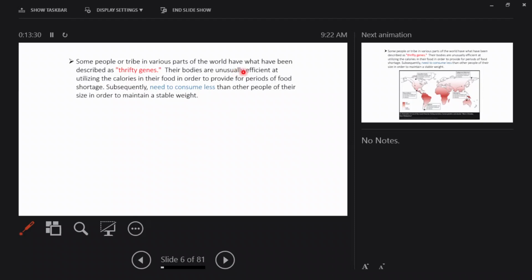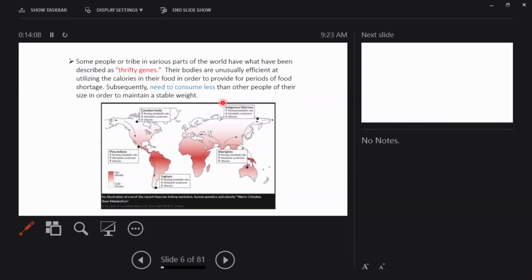Maybe from 500 they take 450 calories. Because of this they need to consume less food than us normal people. If they eat as much as we eat, they can gain weight very easily, very quickly. So in order to maintain their weight, they need to eat less food, because even though they eat less, they still get the same amount of calories that we consume every day.